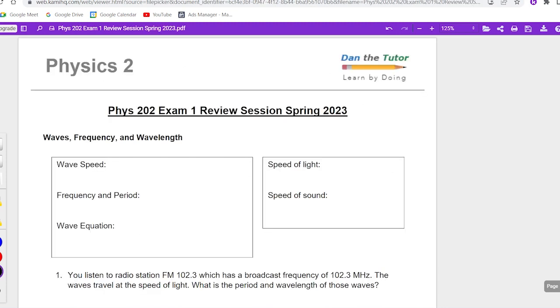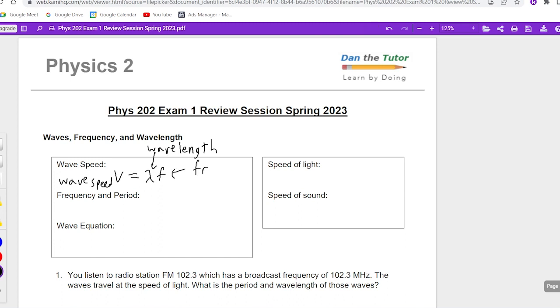Now, let's talk about waves, frequency, and wavelength. The first thing we have is the wave speed equation. This is simply the equation v equals lambda times f. v is the wave speed. Lambda is your wavelength.